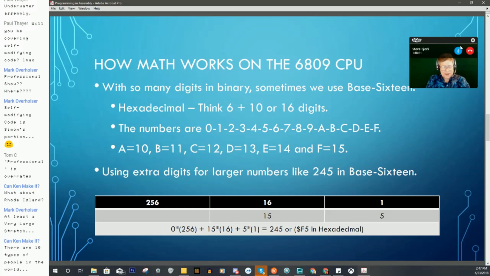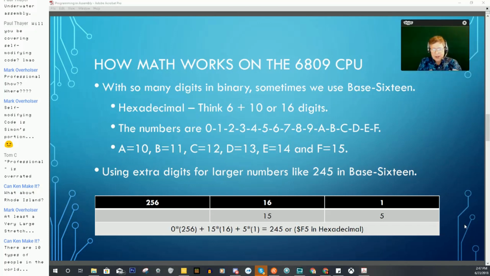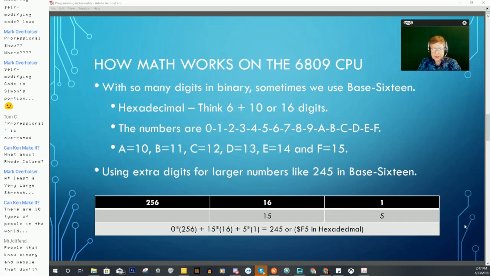there are other base systems that you can use to represent the numbers. You're still doing it in binary, but you're putting the bits together. One of the favorites that Motorola likes, and I have to agree with them, it's the better one, is something called hexadecimal, or base 16.